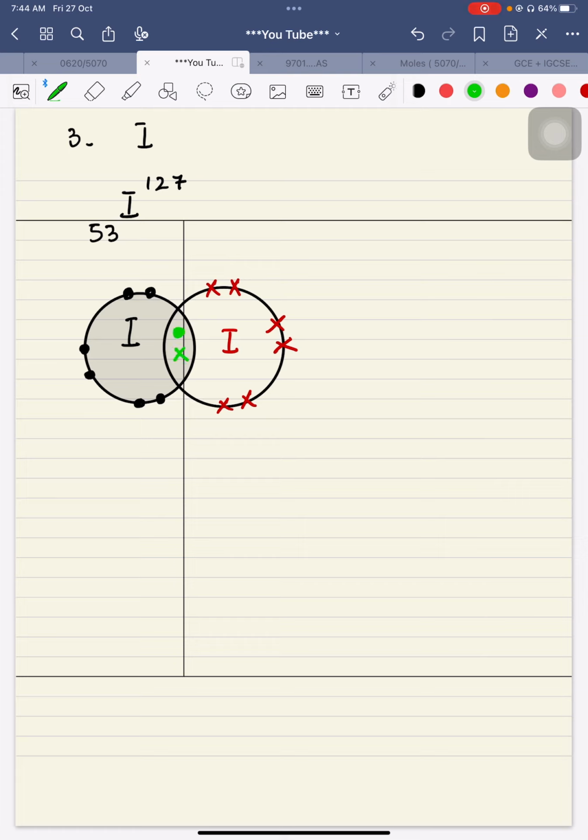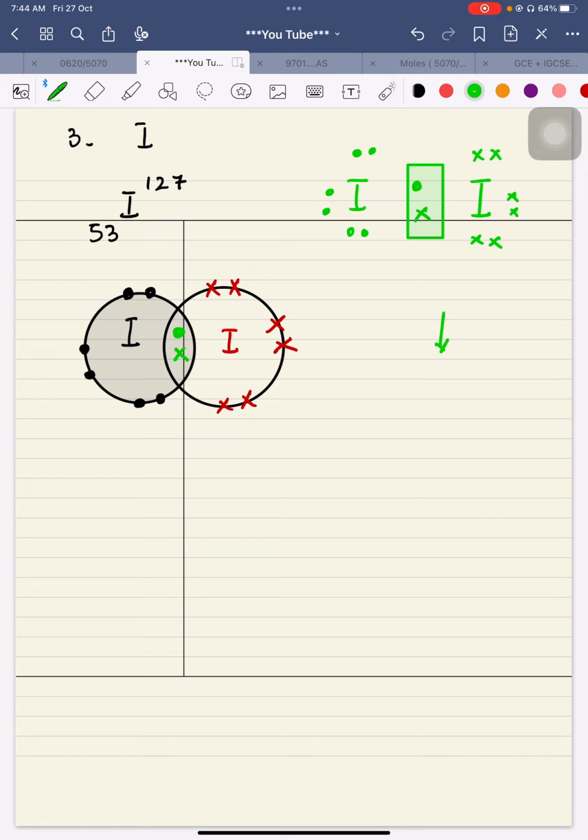This is the sharing region diagram that I am drawing now. We can see this is the sharing region in the center, and these are the electrons here.